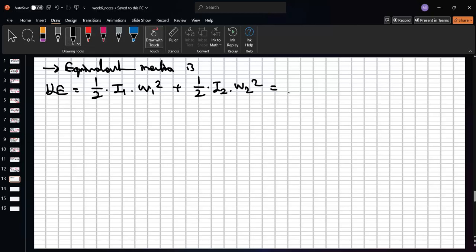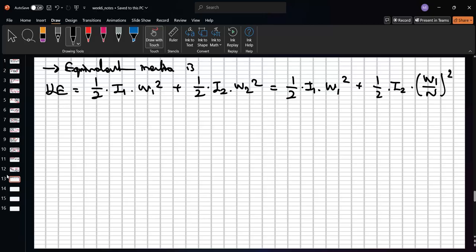So, if we have the ratio between theta 1 and theta 2, then we can write this equation: I1 W1 squared plus 1 divided by 2 I2 times W1 divided by n, squared. It's just simple math.